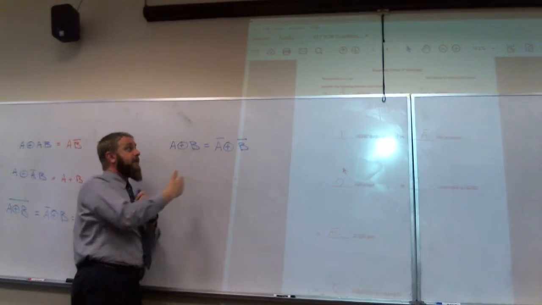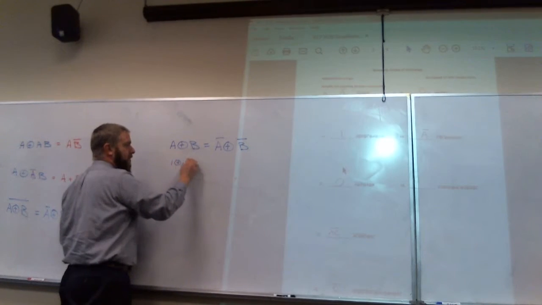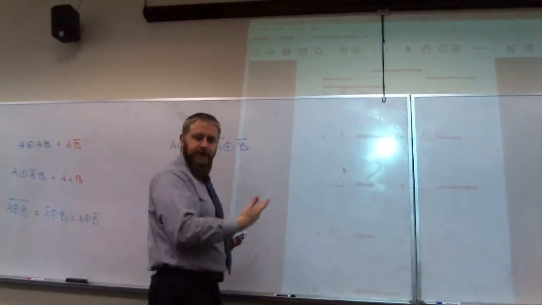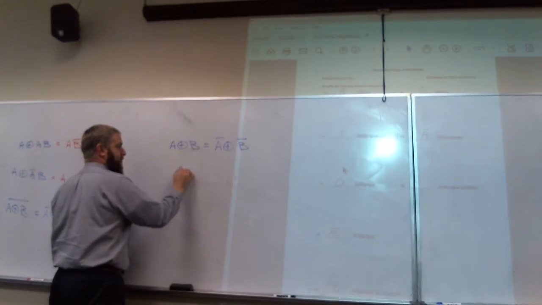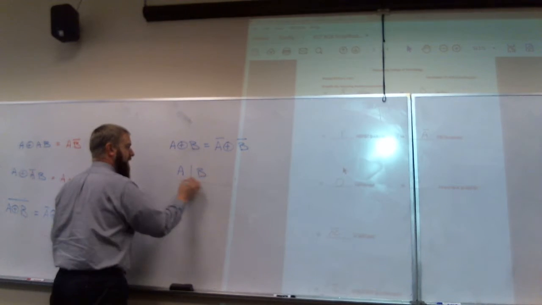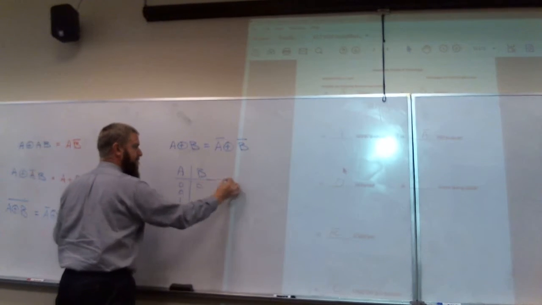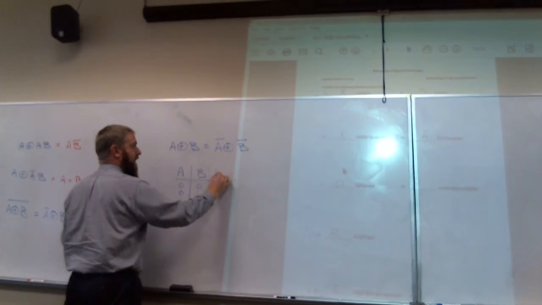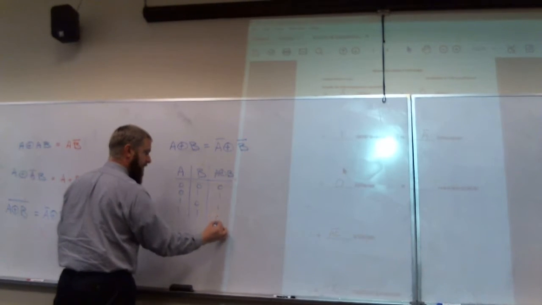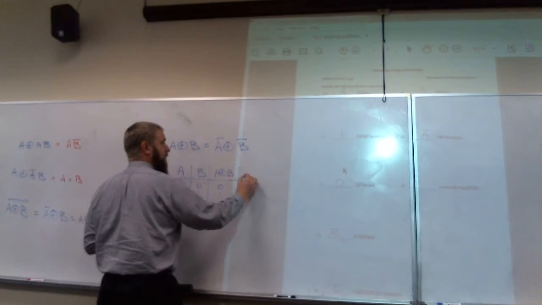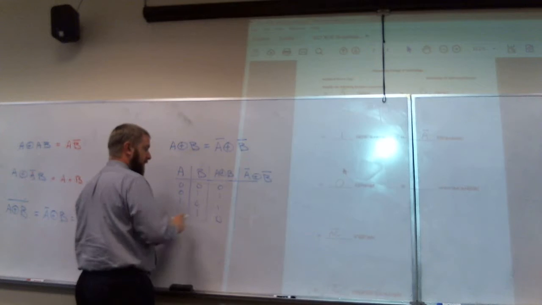False. Okay? So if I had a 1 XOR, well, this is getting into the truth table. I'm about to do a truth table explanation anyway, so let's write down the truth table. So A, B: 0, 0, 1, 1, 1, 1. A XOR B is 0, 1, 1, 0. What is A not XOR B not?